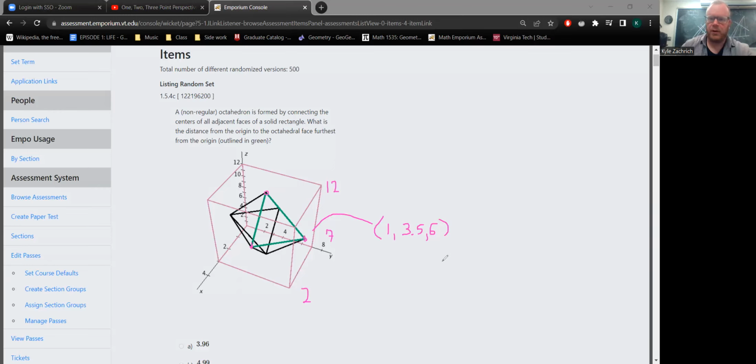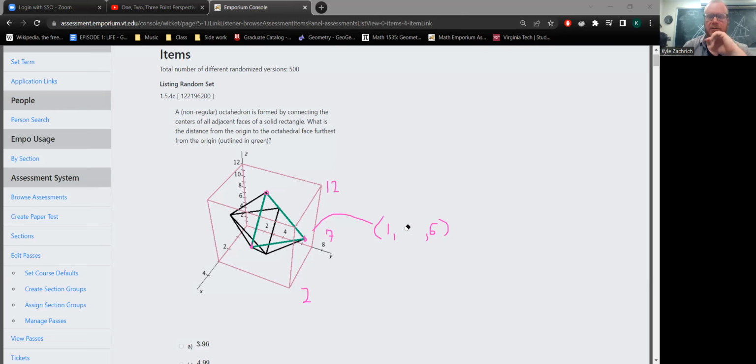Once we do that with all 3 of these points, so this one would be, well, sorry, let me think about this a little bit here.